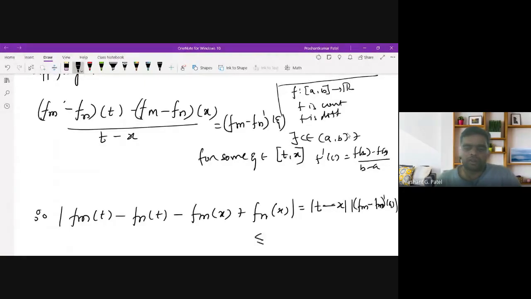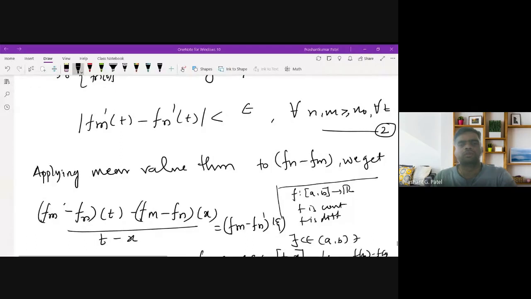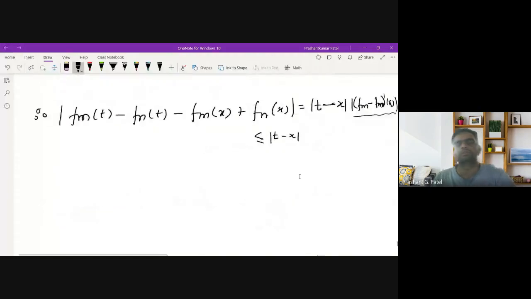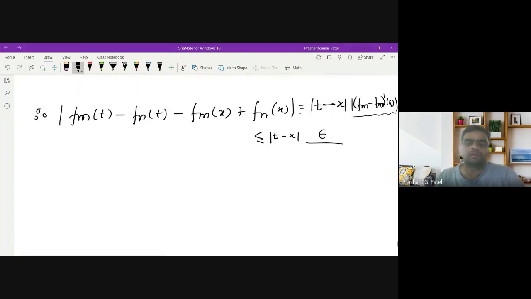Now this is less than or equal to |t - x| times, as per statement number 2, |f_m'(xi) - f_n'(xi)| less than epsilon. It is epsilon upon some quantity. Statement 2 said epsilon, but I told you that I can adjust this epsilon later on, and here is the time to adjust that.